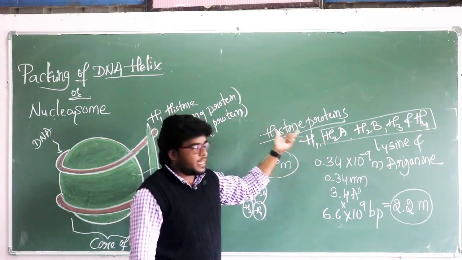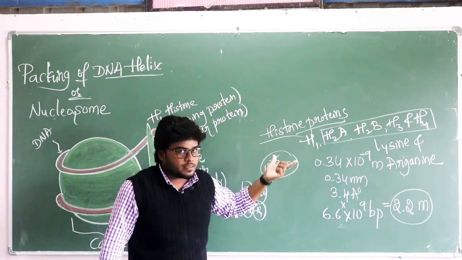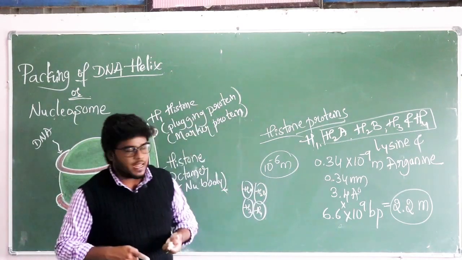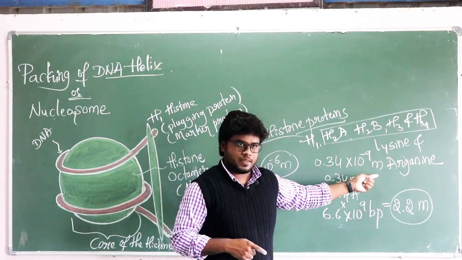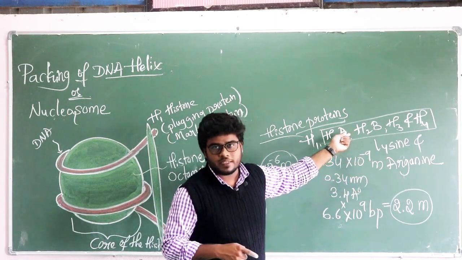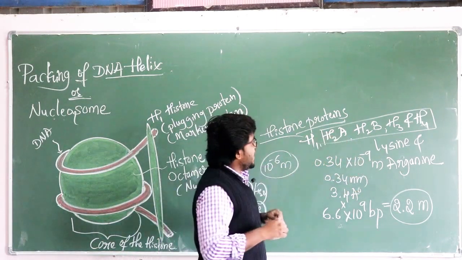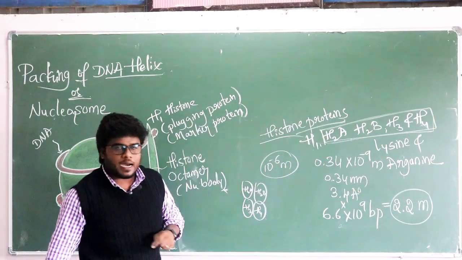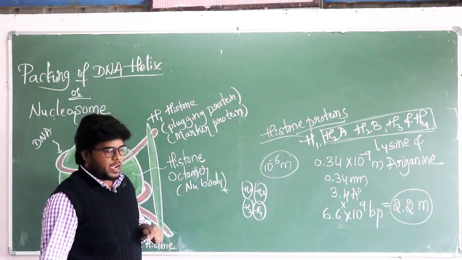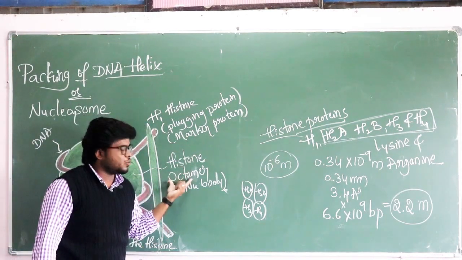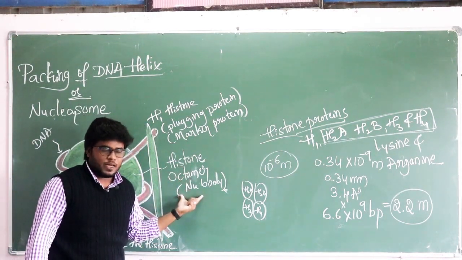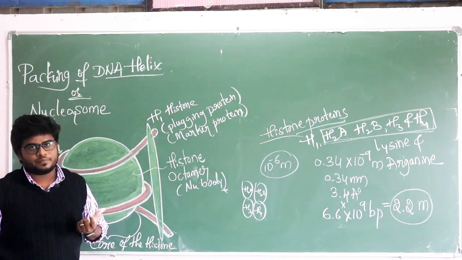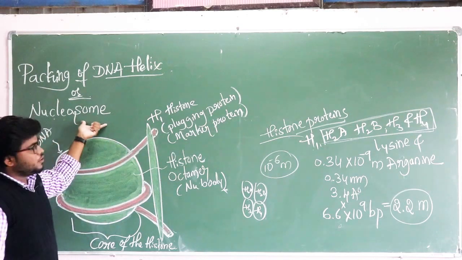They contain basic amino acids like lysine and arginine, because of which they are positively charged. Out of these, 4 proteins are arranged in the octamer fashion, and hence form the histone octamer, or new body, over which the negatively charged DNA is wrapped. That forms the nucleosome.